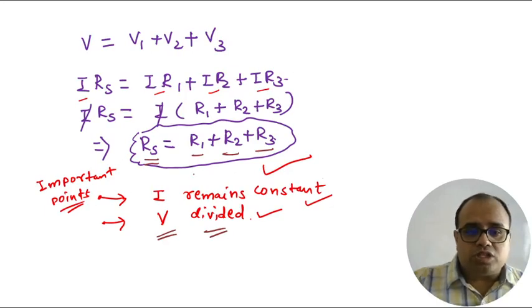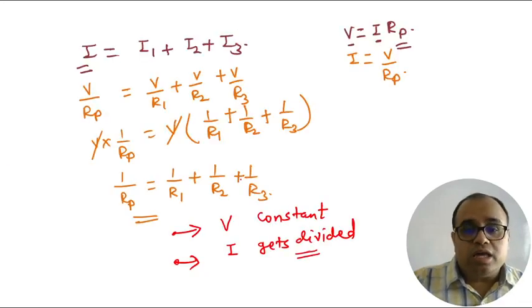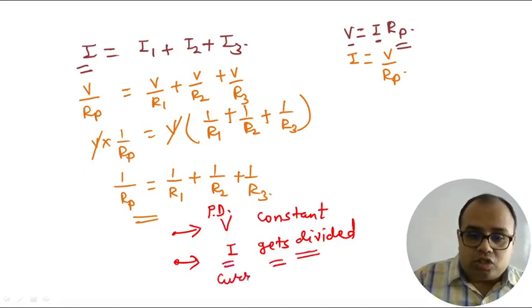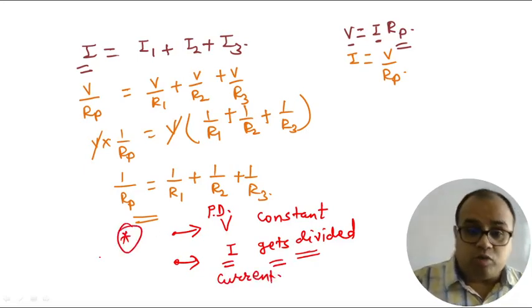In series combination, the current remains constant and potential gets divided. Just the opposite is happening here in parallel combination: V, the potential difference, remains constant, and I, the current, is getting divided.